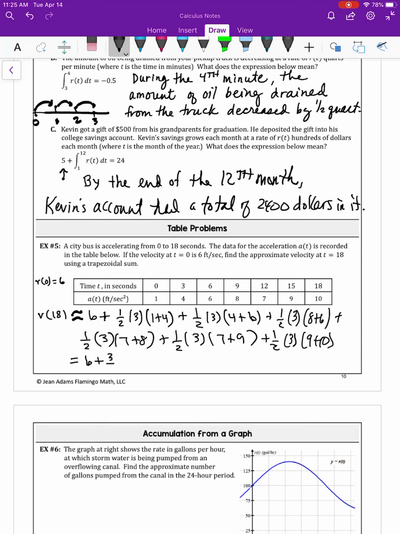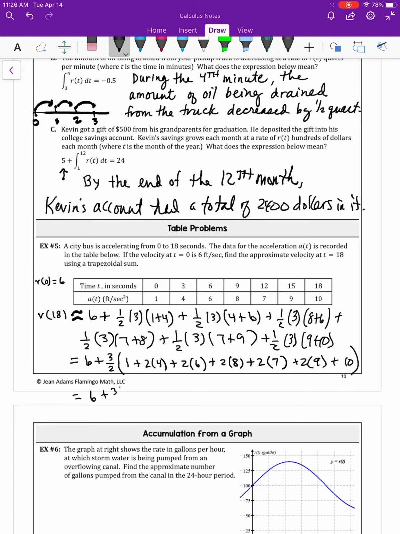So, you know, you could keep doing this the way you did, or you could notice that 3/2 can be taken out of everything, and that you have the first one once and the second one twice. The third one is twice. The fourth one is twice.